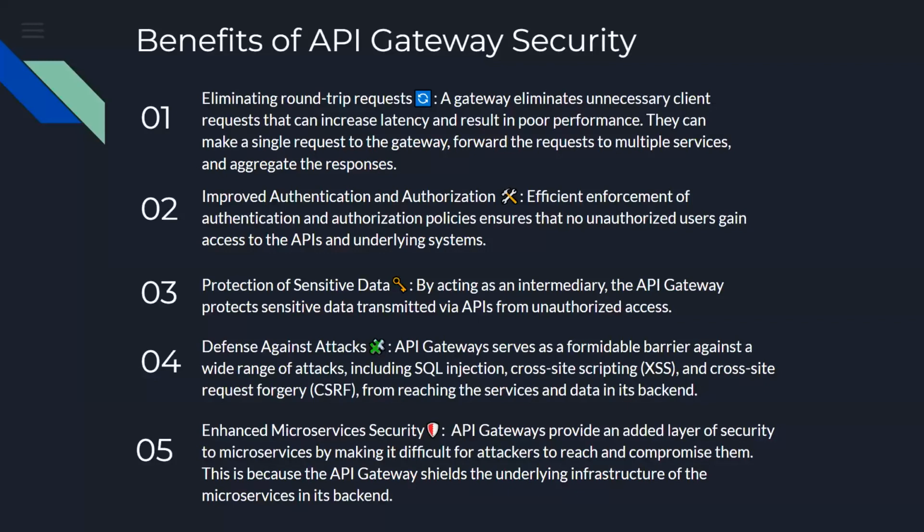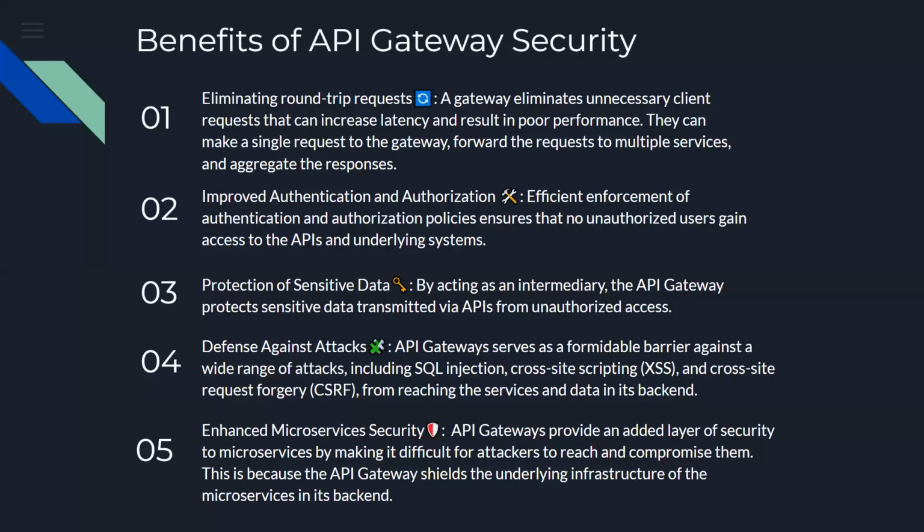I'm just using the analogy of having a house and a gate. Provide defense against attacks. The most common attacks, Abigail and George have talked about: the SQL injections, the XSS, the CSRF, and all. API gateways provide defense against these attacks.